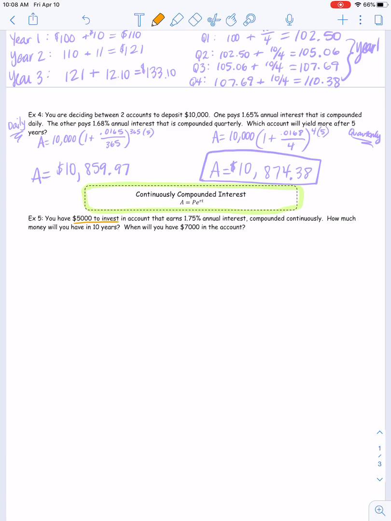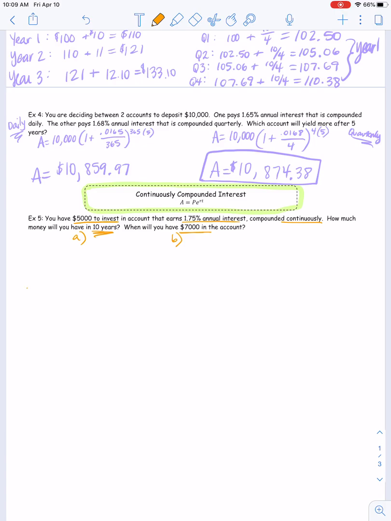In an account that earns 1.75% annual interest, compounded continuously, how much money will you have in 10 years? Okay, that's one problem. And then when will you have $7,000 in the account? So this is like problem A, and this is like problem B. So let's start with the first problem. How much money will you have in 10 years?